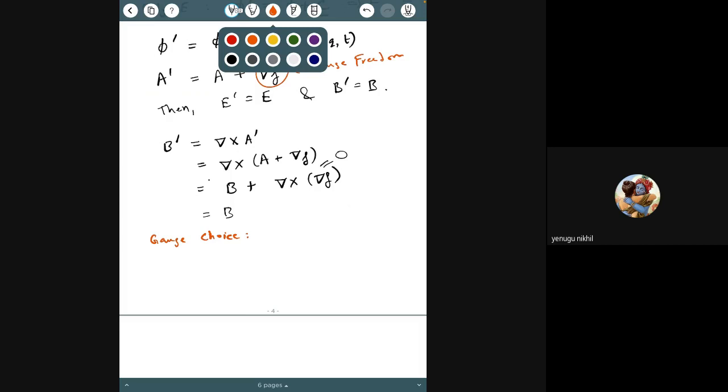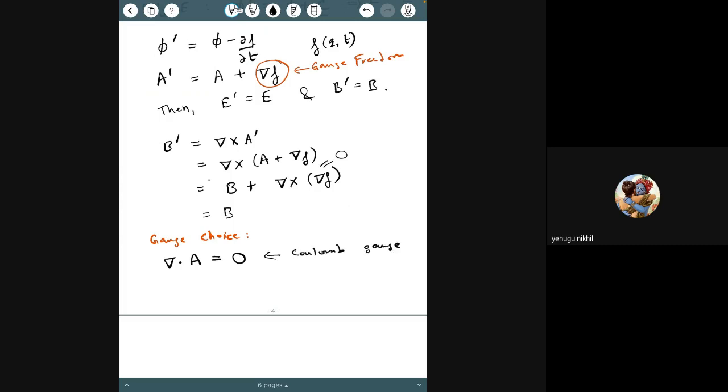So in case of atomic and molecular systems, I've mentioned before that the additional condition that is chosen is that the divergence of A is 0. This is called the Coulomb gauge. Now if you ask me why the choice is this, so one hint is that the divergence of B is 0.